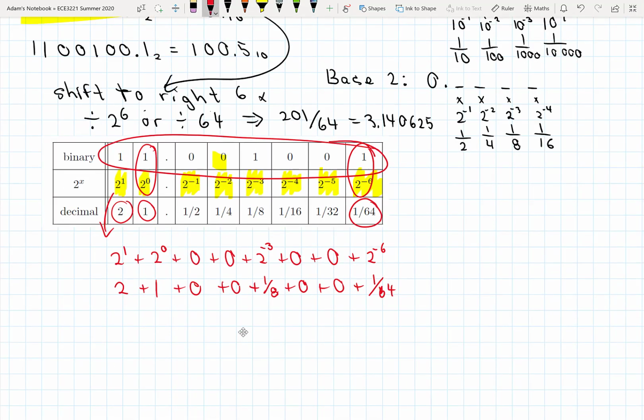So this is going to be 3 plus 1/8 plus 1/64.